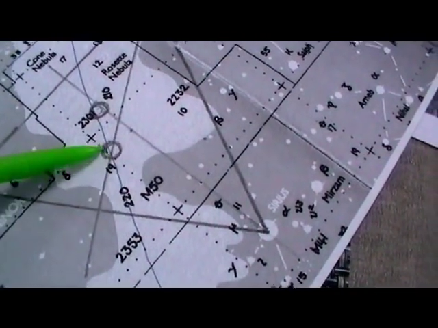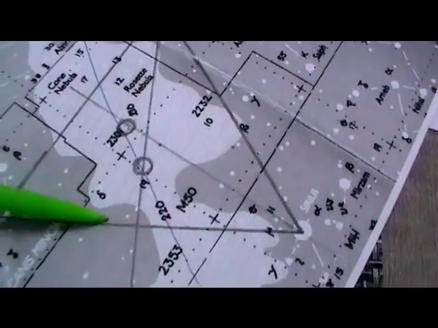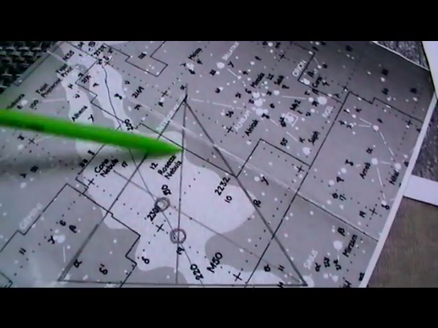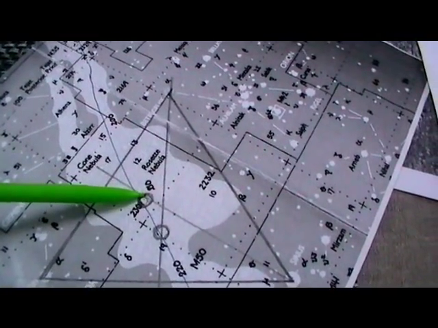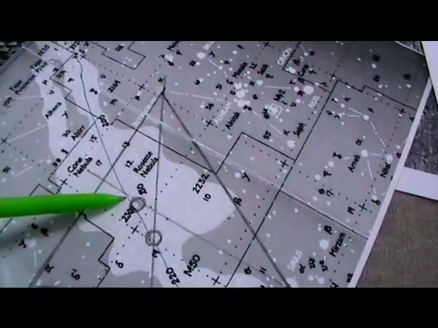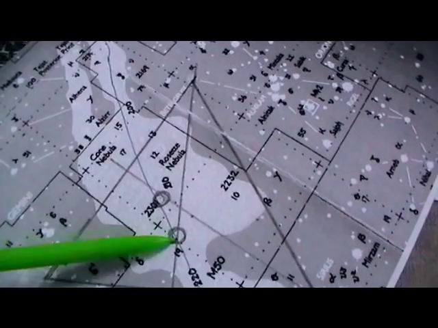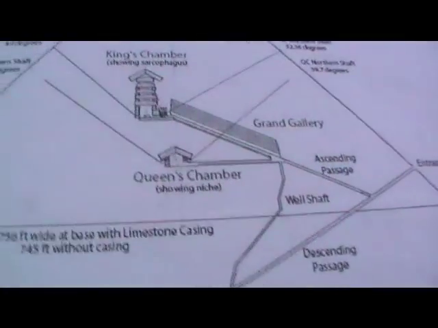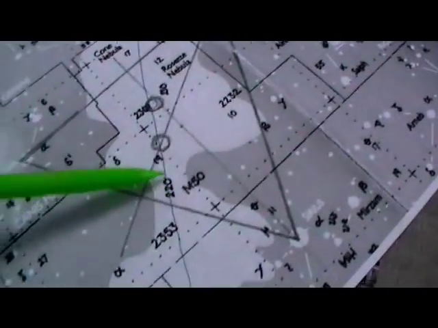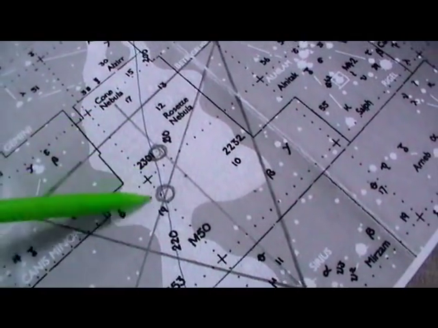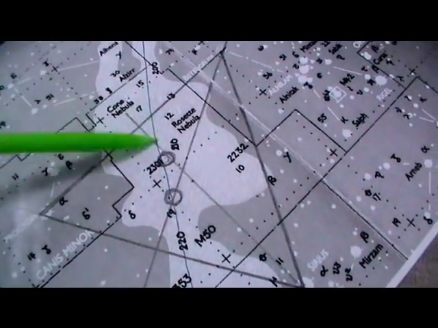But the King and Queen's Chamber, as you can see, the Queen's Chamber is dead slap bang in the centre of the Winter Triangle, but the King's is slightly off. But I don't think there's any coincidence in this, because what the King and Queen's Chambers are actually pointing at is the galactic centre, dead on the line. So it can be no coincidence there.